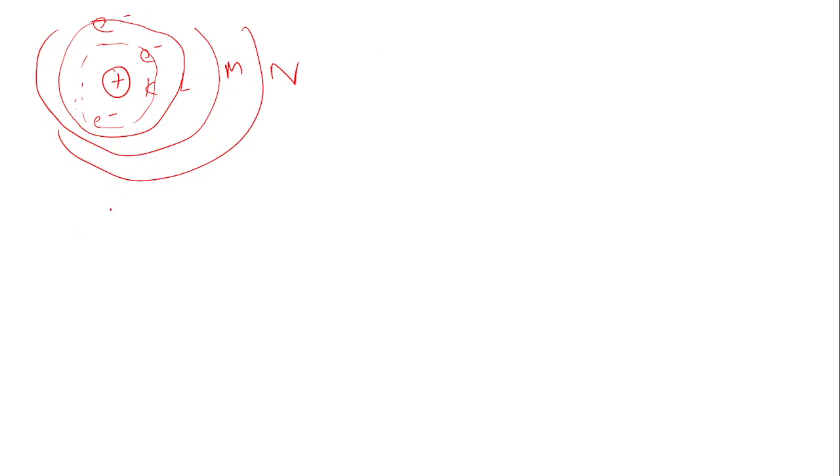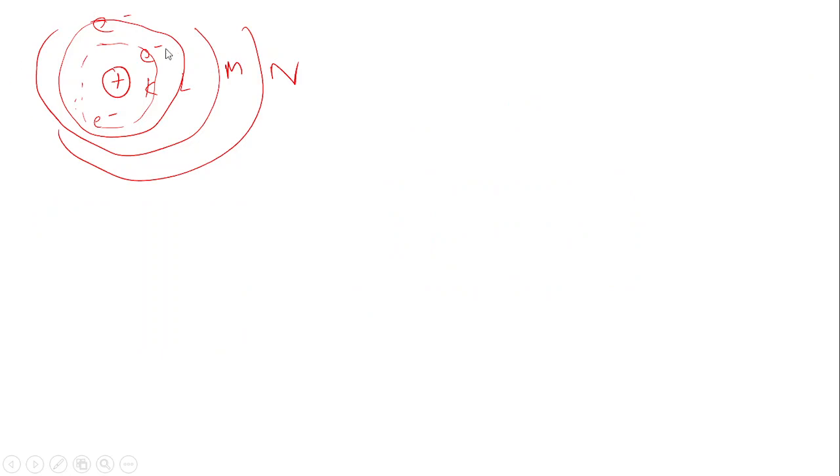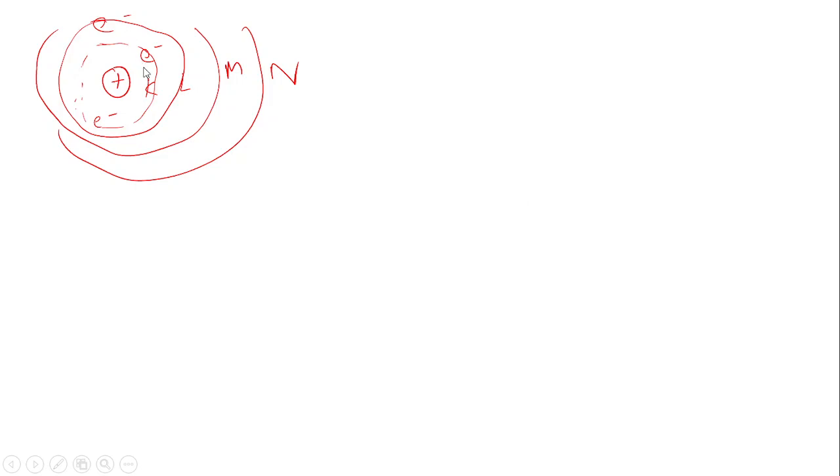So what happens, as I told you, is that from this cathode, the high energy electrons that are ejected will come and hit another metal, and that metal will have atoms like this. Now when this highly energized electron comes and hits this anode's atom, since there is no air and other unnecessary particles, there is no unnecessary collision, it will simply come and hit here.